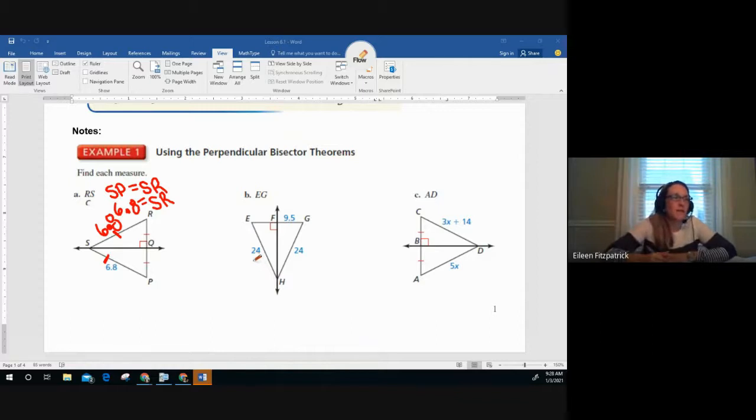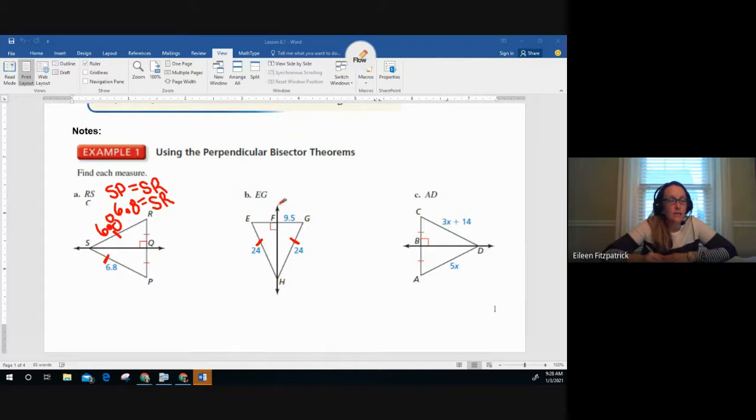In the next diagram, think about what they're showing you here. They're showing you that HE is 24 units long and HG is 24 units long. So this is the converse of the perpendicular bisector theorem. Since point H is equidistant to the two endpoints E and G, that means that point H has to be lying on the perpendicular bisector.